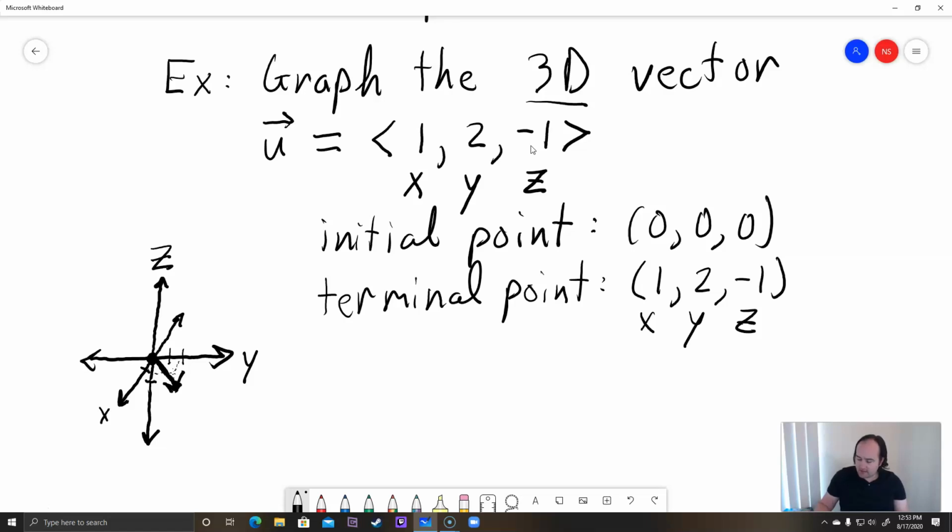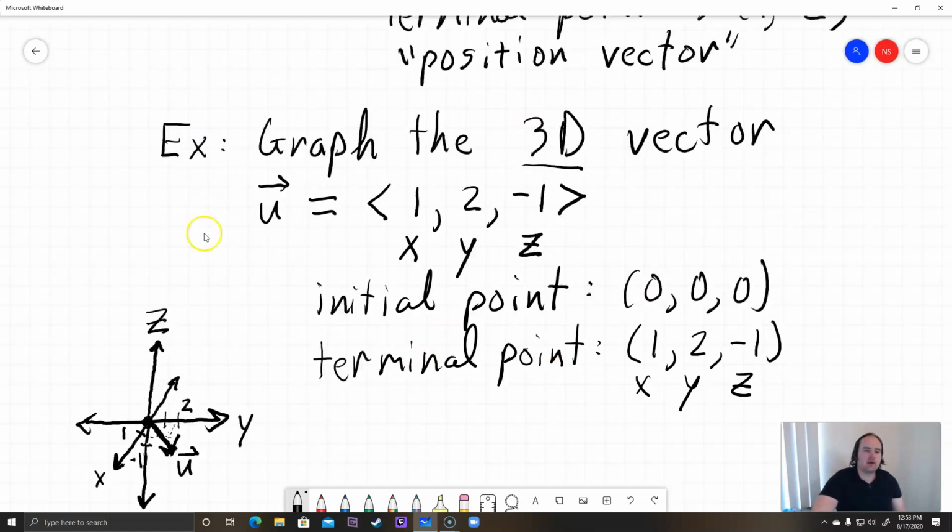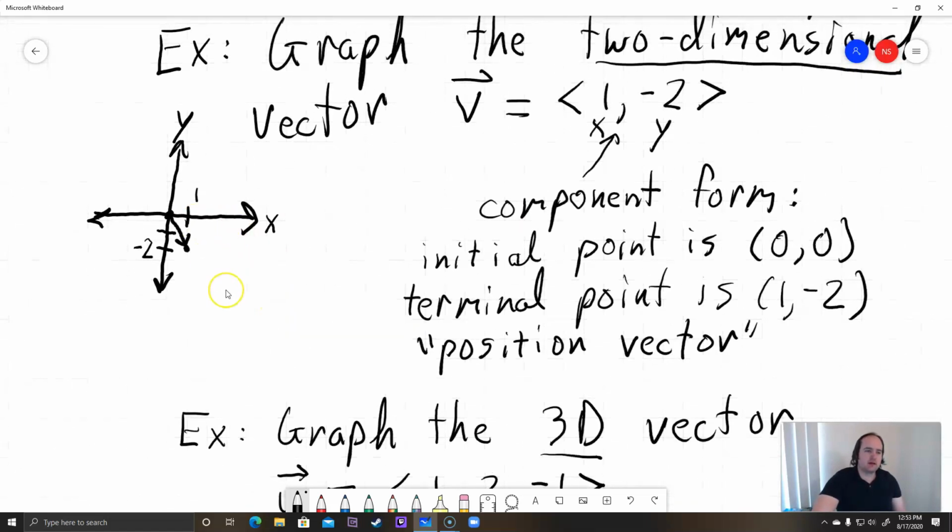But that's our vector, and that's vector u. So that's at 1 on the x-axis, 2 on the y-axis, and negative 1 on the z-axis. I think I forgot to label the other one on the picture. Yeah, you can label them on the picture if you want. This other vector that we wrote here, this was vector v.